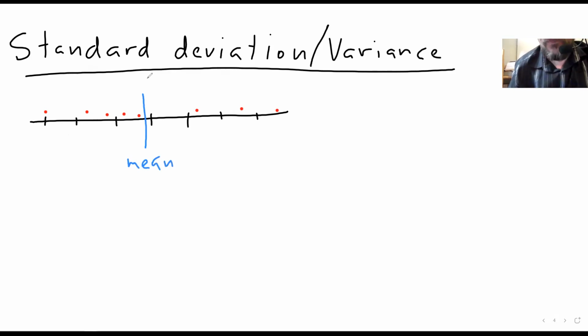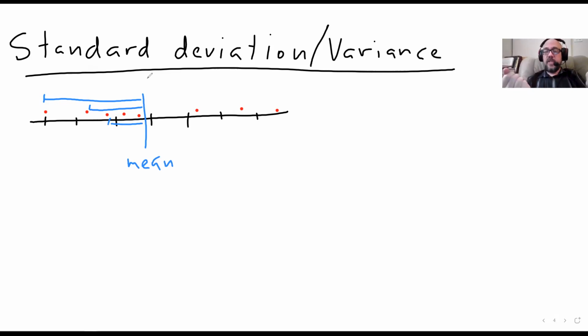And then what we're going to do is measure how far away each value is from that. So for instance, this first value here, we're going to see how far that is right there. And then for the second value, we're going to see how far that is. And then we're going to see how far this third value is. And I'm not going to write in all the bars. You get the idea, right? We're checking to see how far away each thing is from the mean. And then we're going to average all those distances.